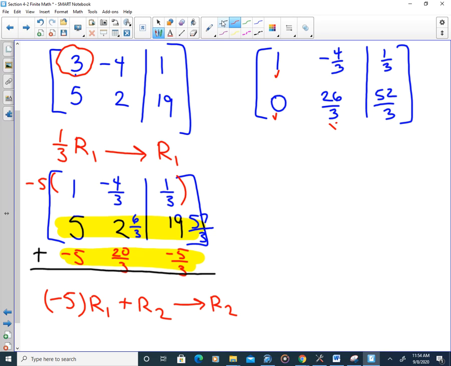Now let's try to get this element to be a 1. Easiest way to get that element to be a 1 without changing the 0 that you already have is to just multiply row 2 times the reciprocal of this element here. So let's multiply 3 over 26 times row 2 and then replace row 2.